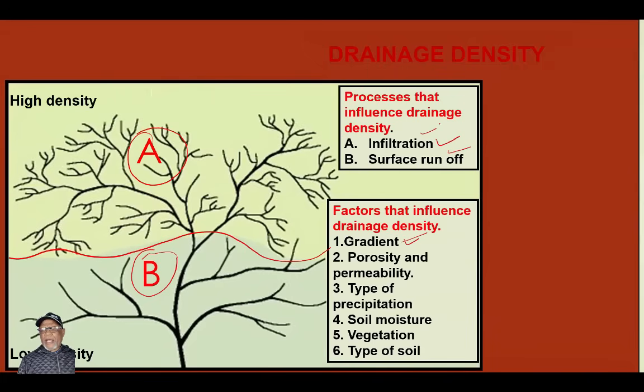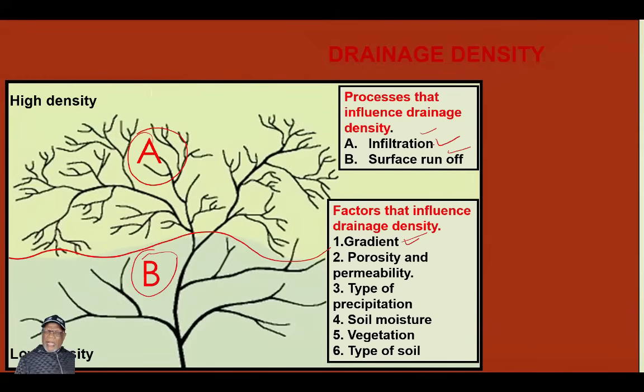Sometimes they say explain how did vegetation influence density at A. Then you say at A, there is less vegetation. Because of less vegetation, there is more surface runoff and there is less infiltration. That is why the density at A is higher.